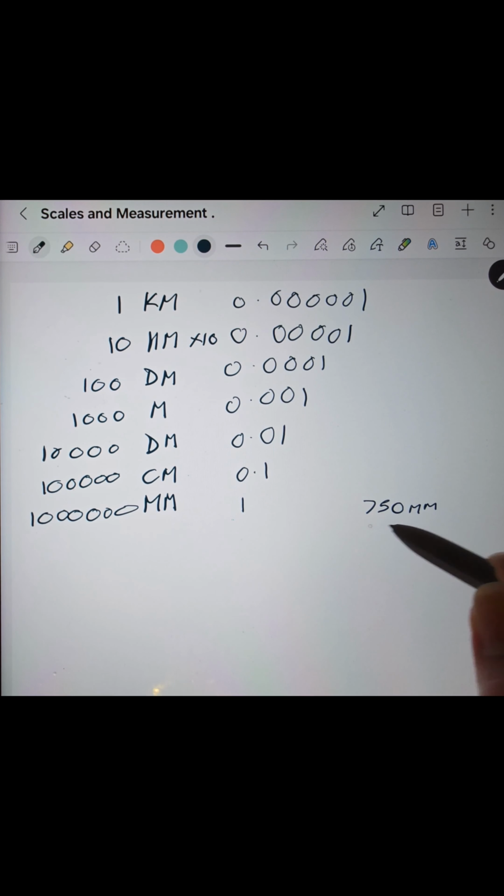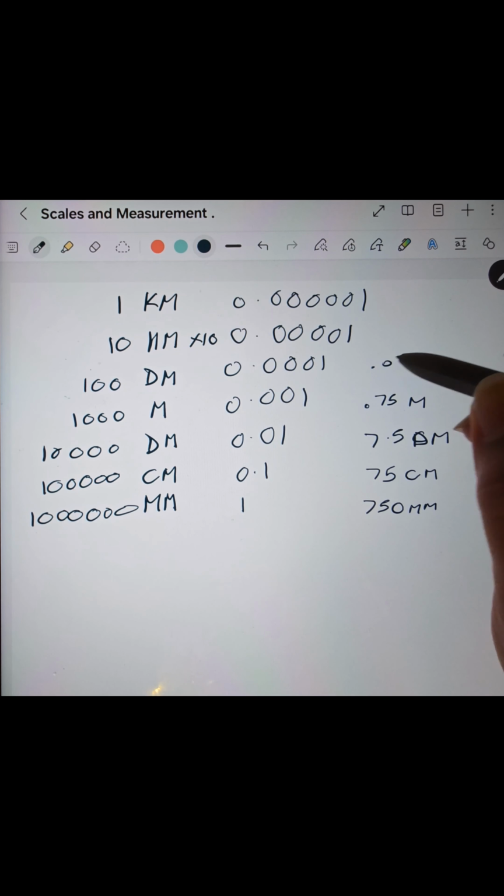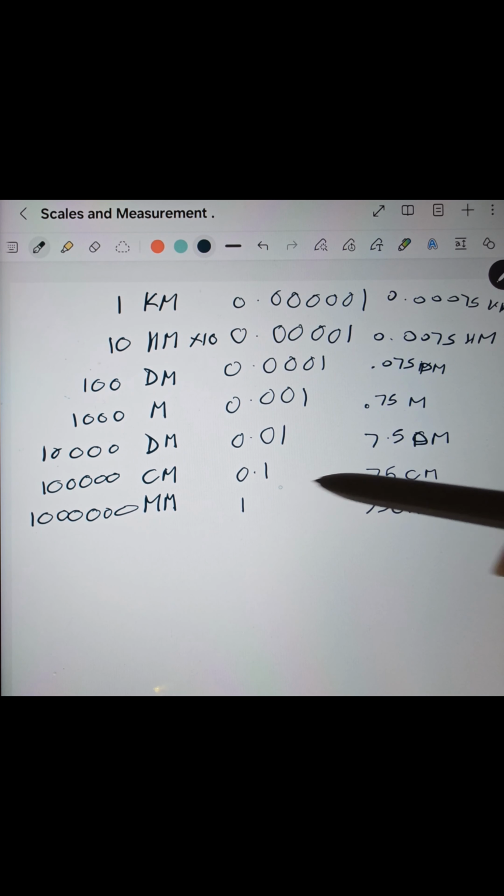When I divide 750 by 1000, it will be 75 centimeter, 7.5 decimeter, and 0.75 meter, and so on. 0.075 decameter, 0.0075 hectometer, 0.00075 kilometer. So this is how we do the conversions from kilometer to millimeter and from millimeter to kilometer.